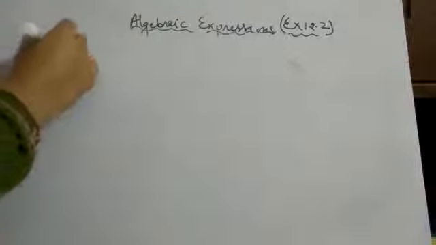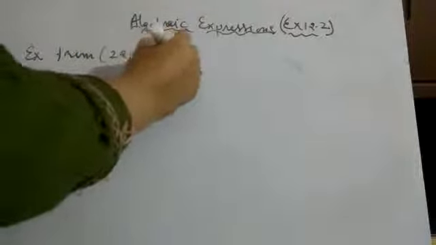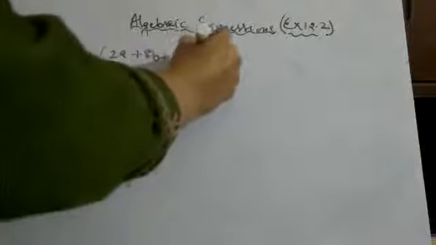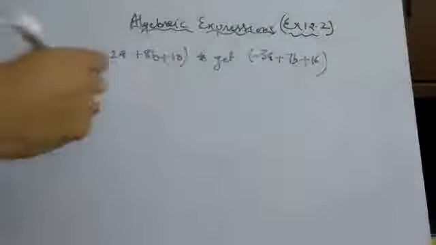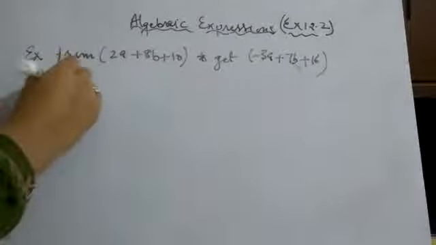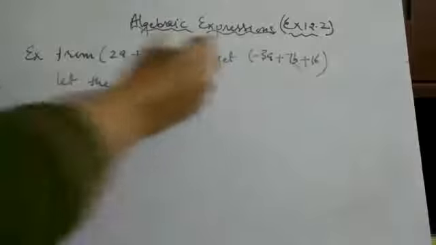Now a word problem on addition and subtraction. What should be subtracted from 2a plus 8b plus 10 to get minus 3a plus 7b plus 16, right? Let the expression be x.